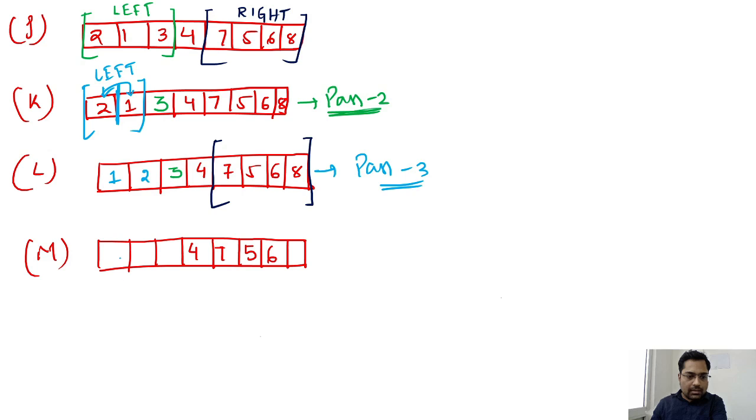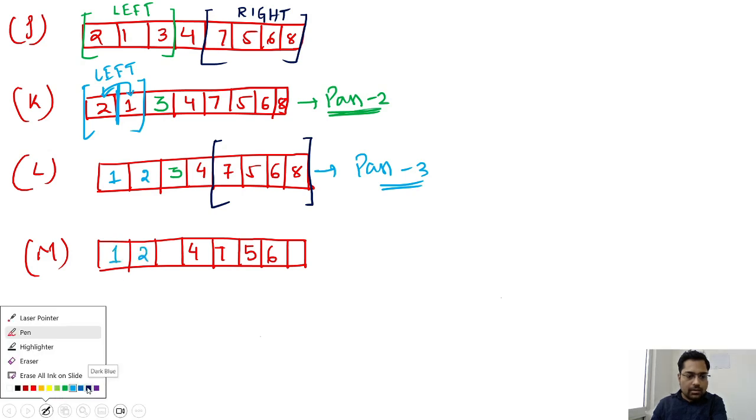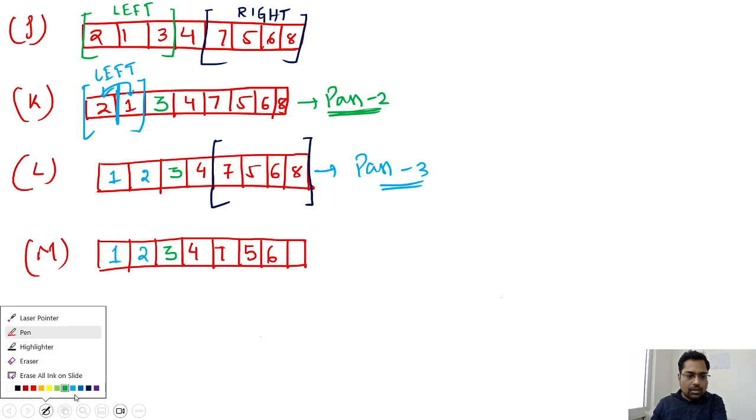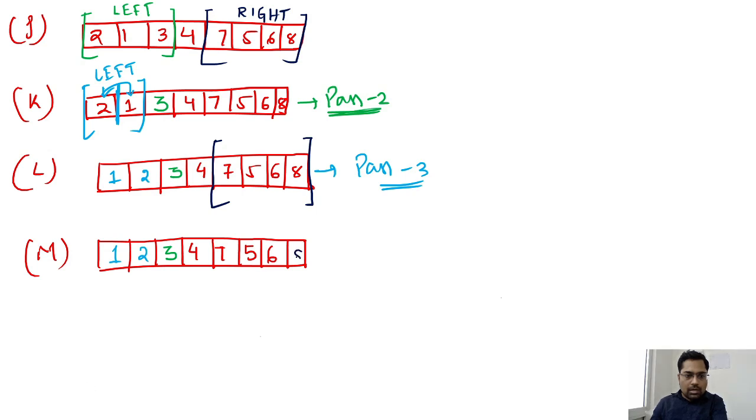I'm just maintaining the color through which we are getting the value. Here is 3, here is 8. Okay, this is what our pass 4.